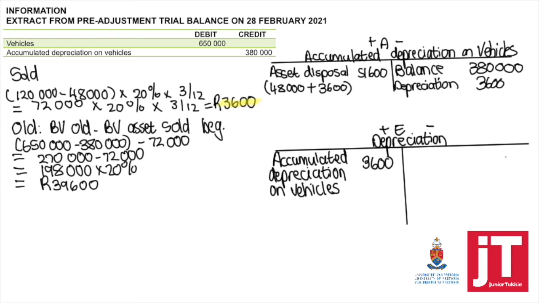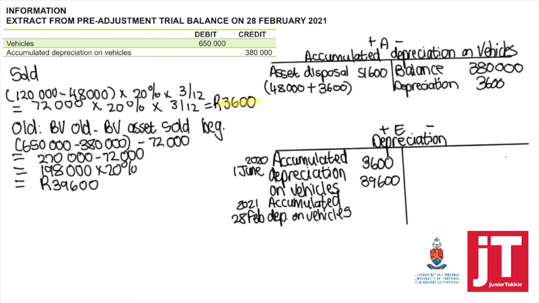So my depreciation on the old, the remaining at the end of the accounting period is 39,600.